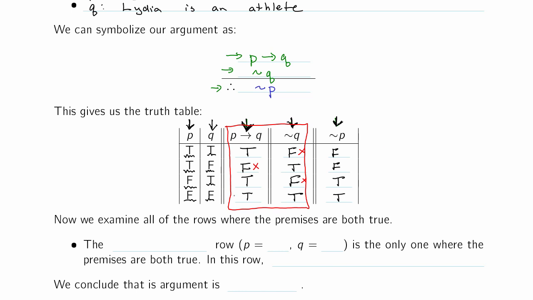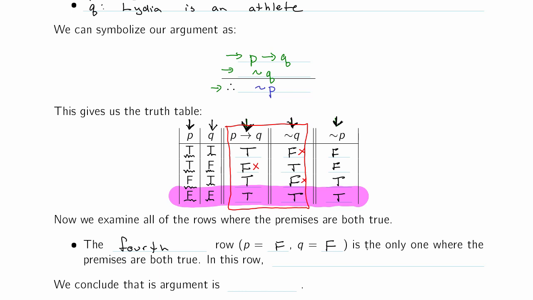The only row we have where all of our premises are true is this row. So in the fourth row, where P is false and Q is also false, that's the only place where both premises are true.